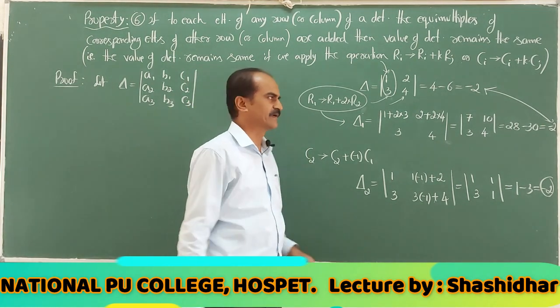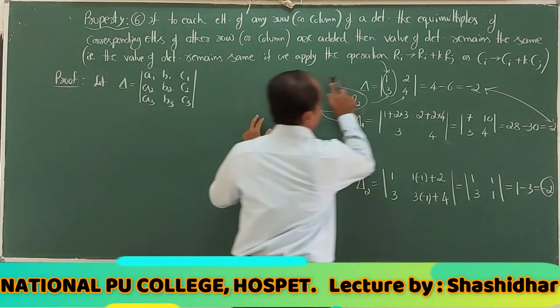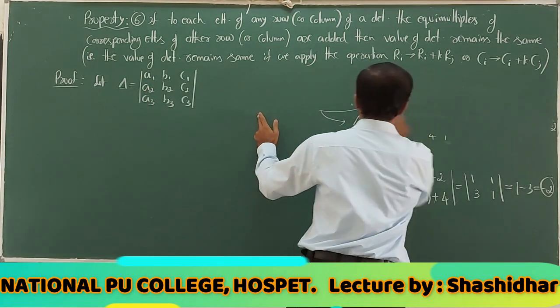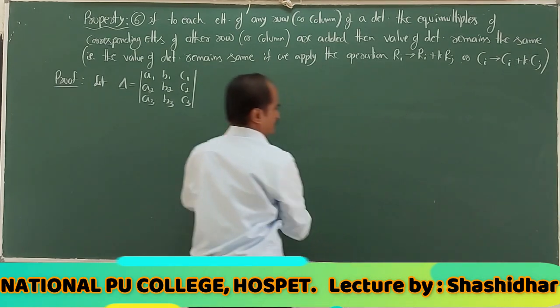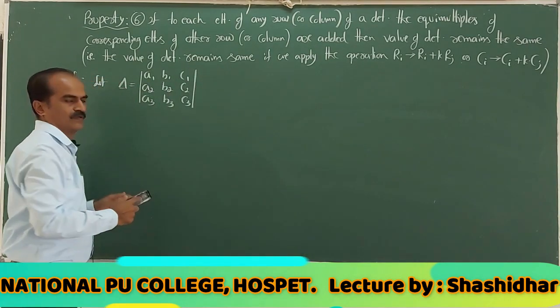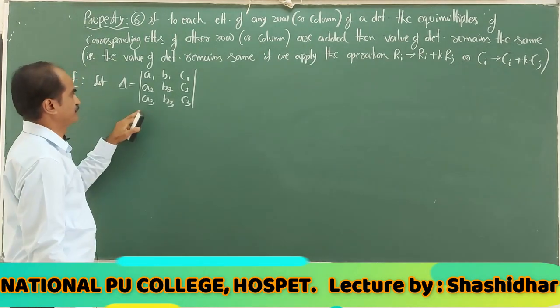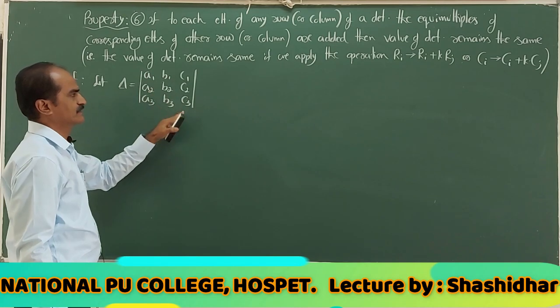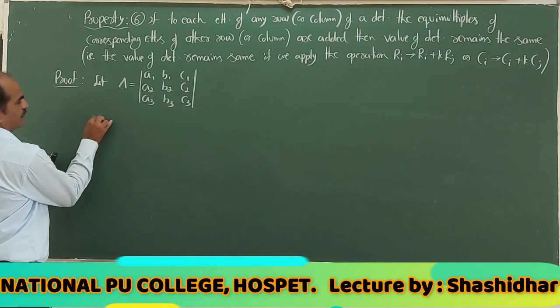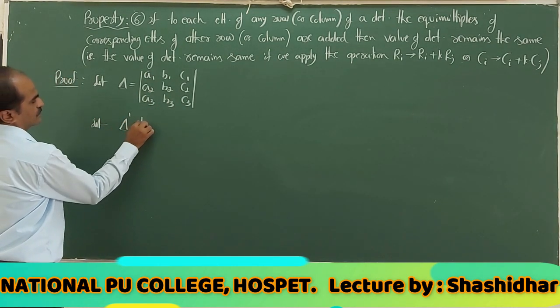Now let us prove it in general. To prove the property, I have taken delta to be a determinant of order 3. Let me construct delta dash.